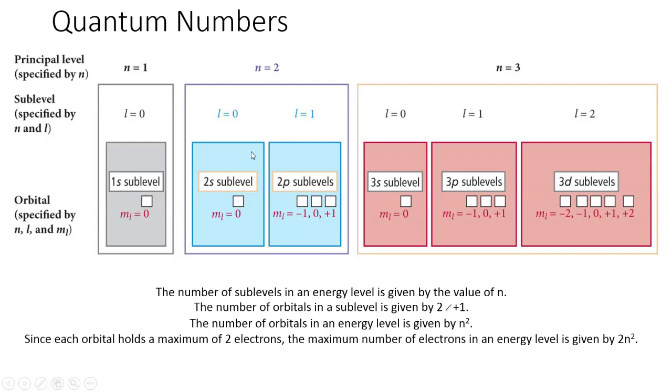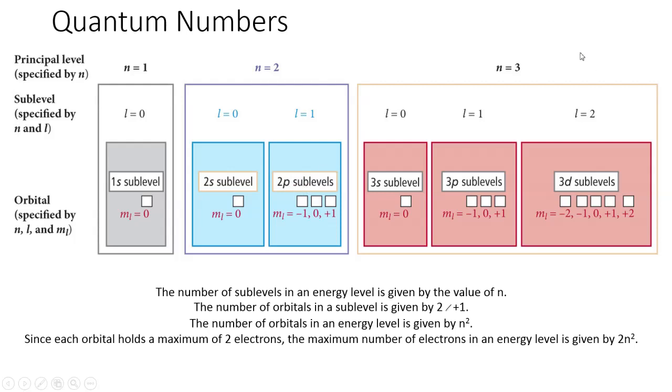If L equals 1, we are talking about a p sublevel, specifically the 2p sublevel. Within the 2p sublevel, if L is 1, m sub L can be -1, 0, or 1, meaning that there are 3 possible p orbitals in the 2p sublevel.